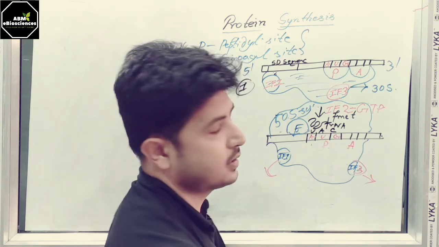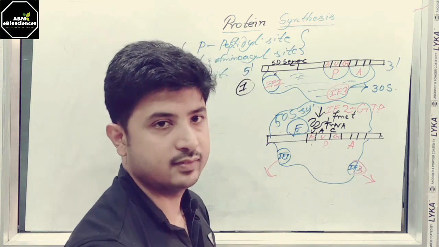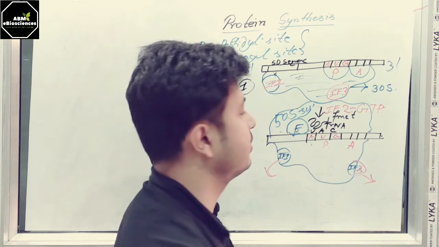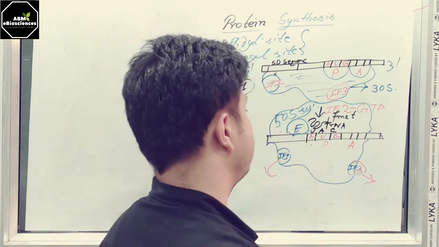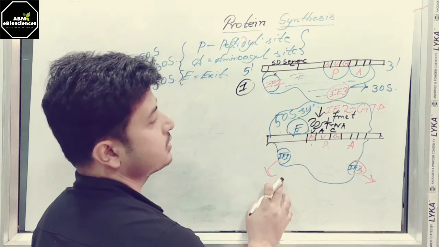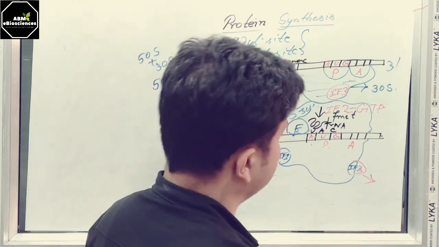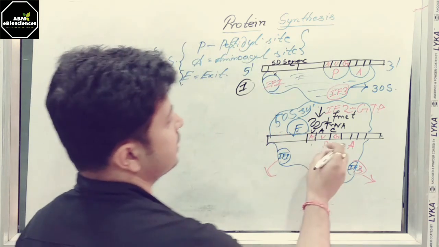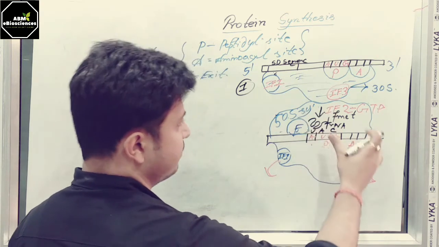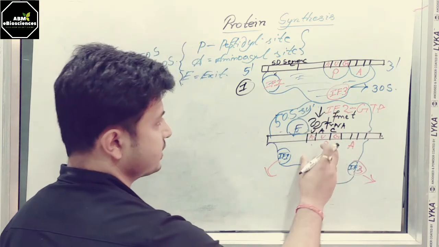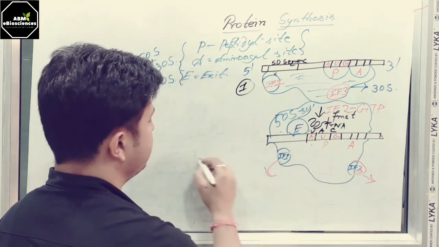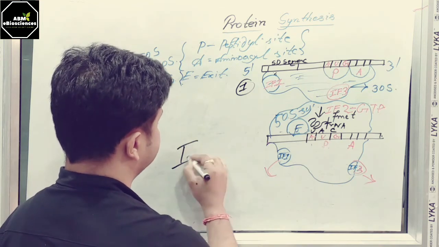So as soon as the 50S ribosomal subunit combines, IF3 leaves that site, as well as IF1 which is no longer required. After it is bound to the total 50S 30S ribosomal complex, the IF2 GTP complex is called the initiator complex.